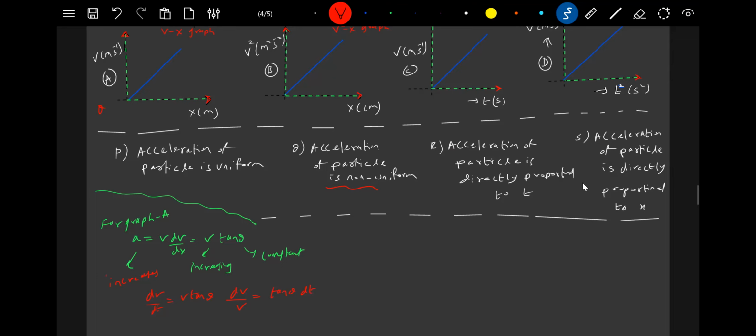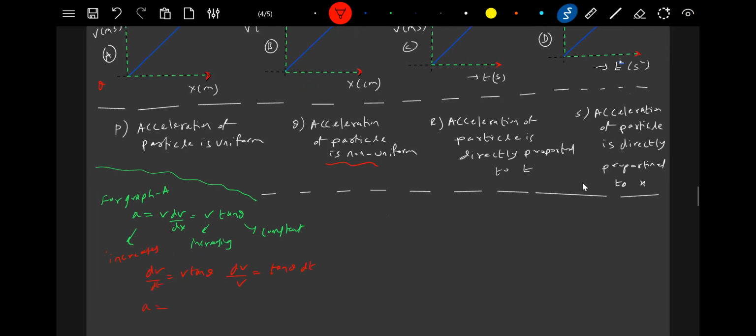What about distance? Will acceleration be proportional to distance? Directly proportional to distance. Yes, in fact, correct, no? Because dv by dx is a constant and v is proportional to x.